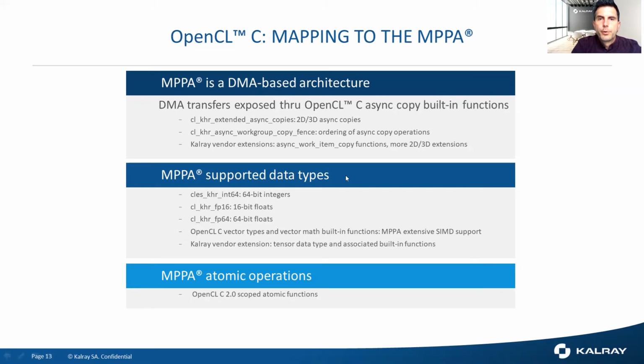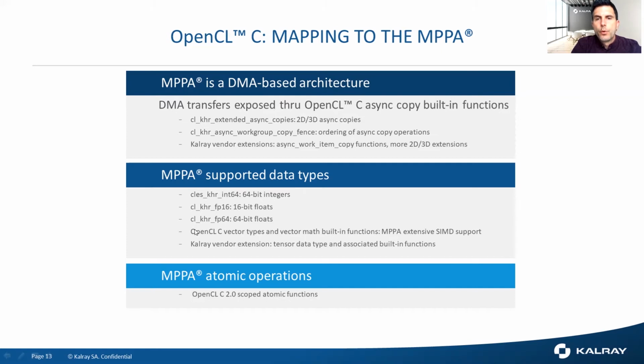In terms of supported data types, the data types of OpenCL allow us to expose most of the MPPA data types. So basically 64-bit integers, 16-bit floats, 64-bit floats. Here I show them as extensions because we are conformant for the embedded profile, where those are optional, but we do support them.